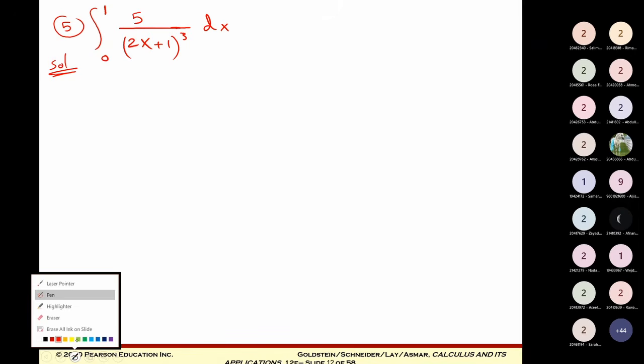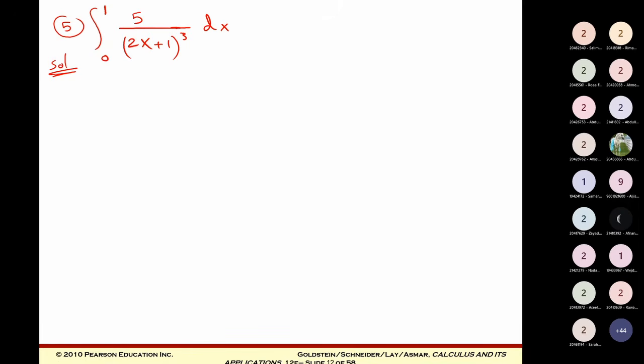So u equals 2x plus 1. Now du equals 2 dx. What's the value of dx? It equals du over 2. Now, in the integral, no need to put 0 and 1.